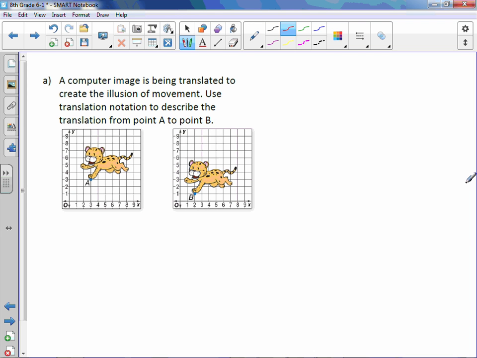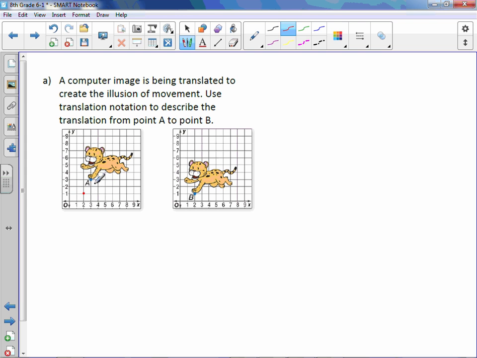A computer image is being translated to create the illusion of movement. Use translation notation to describe the translation from point A to point B. So we started here at 3, 3, and we ended at 2, 1. So I'm just going to graph 2, 1 on here so I can see where I went.